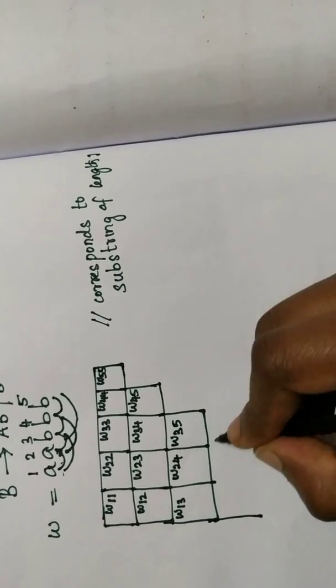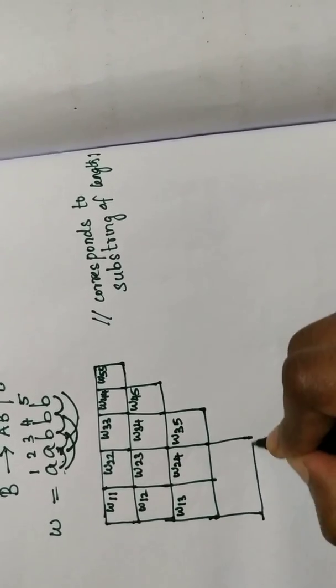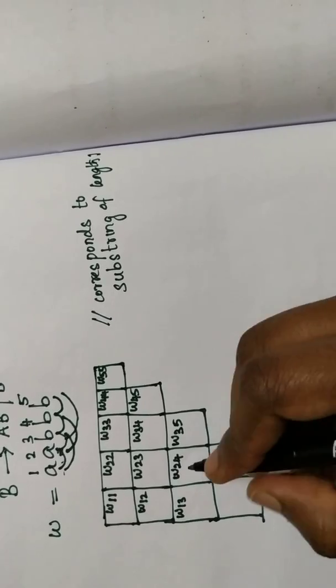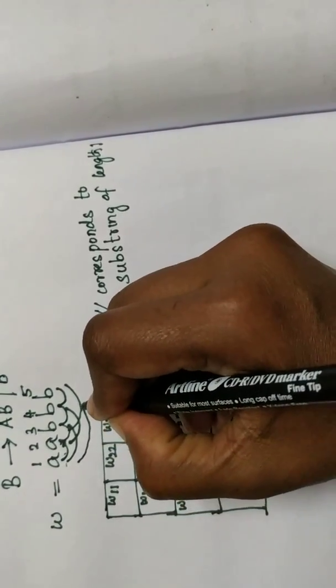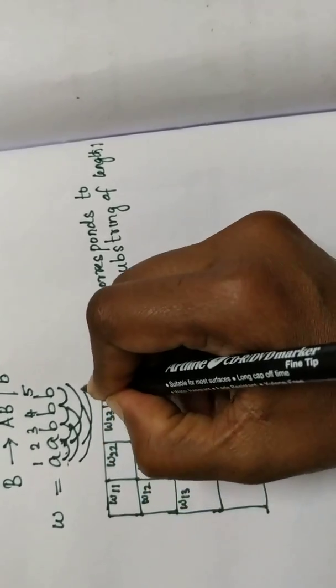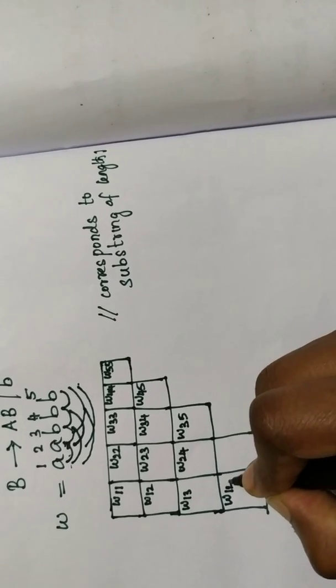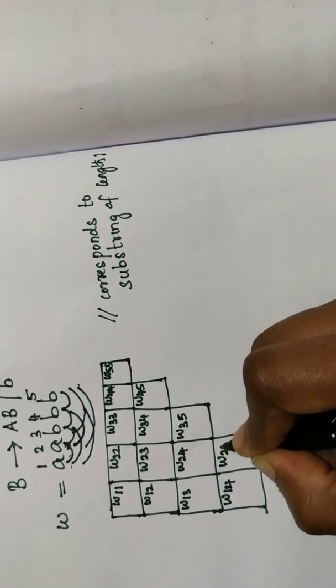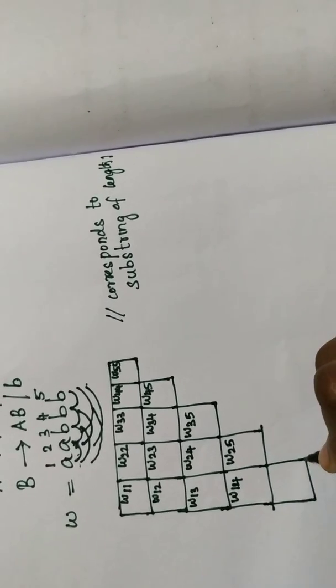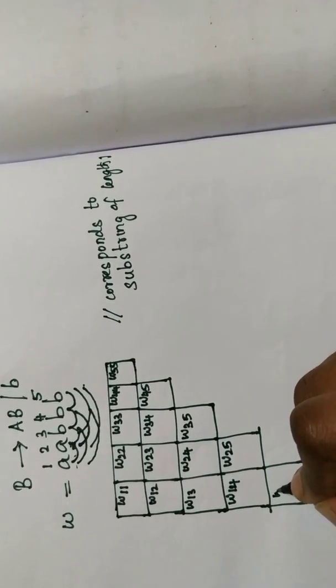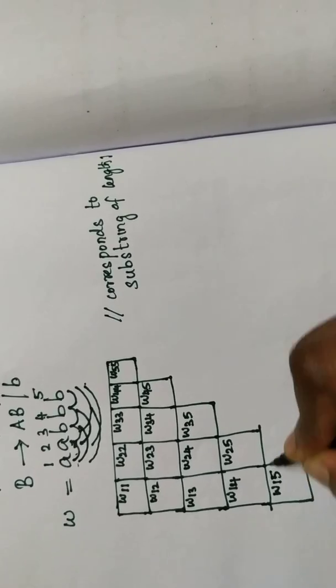Then the fourth row corresponds to substrings of length 4. We can take 1 to 4 and then 2 to 5, so W14 and W25. Finally, the entire string is taken as the substring W15.